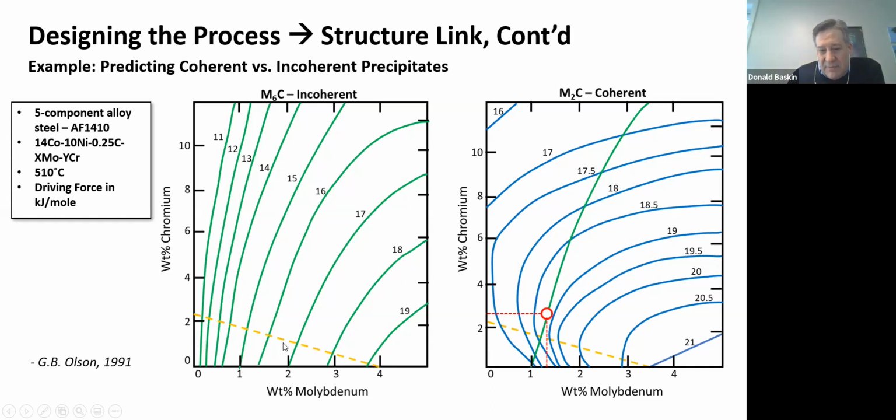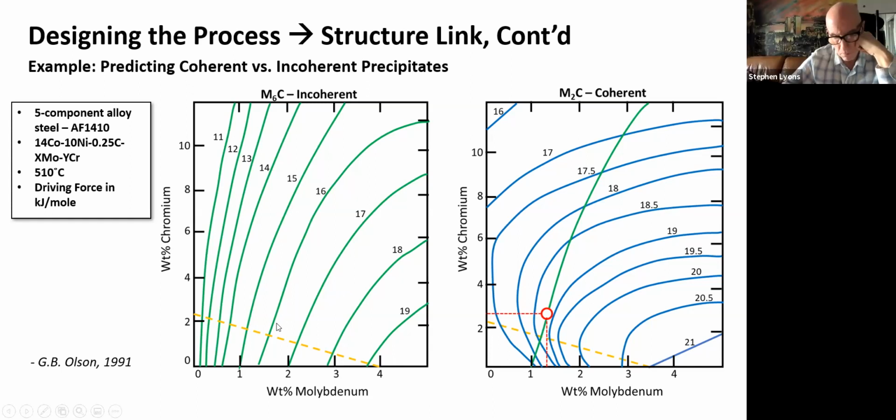And they found that as you got to a composition that led to a driving force of 15 kilojoules per mole, you would start forming these M6C carbides, which were incoherent and would not very effectively strengthen the material.